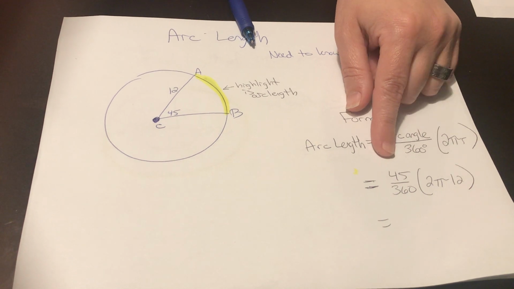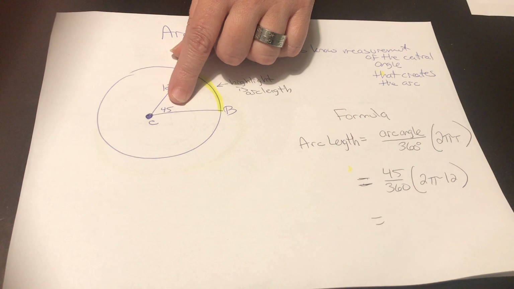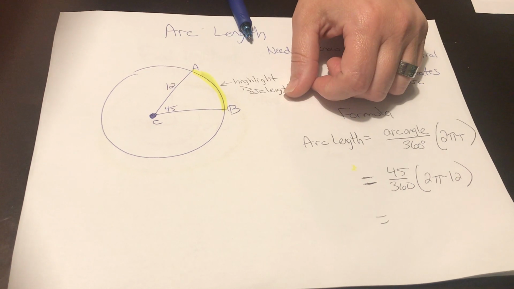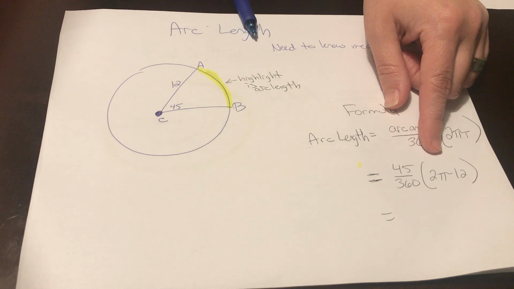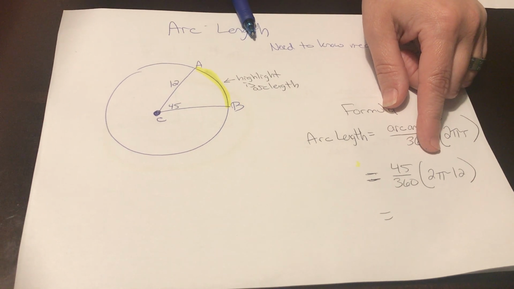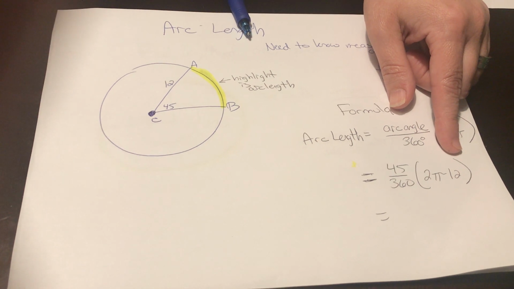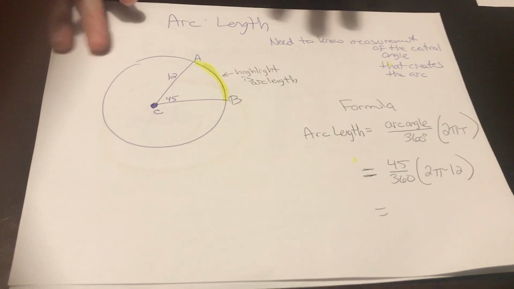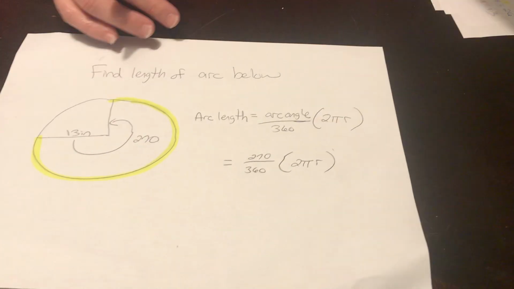So I've already put this one in the formula: 45, because that's the measure of the central angle, divided by 360, and then times 2 times pi, which is 3.14, times whatever the radius is. In this case, it's 12. So the answer of this arc length is 9.42.